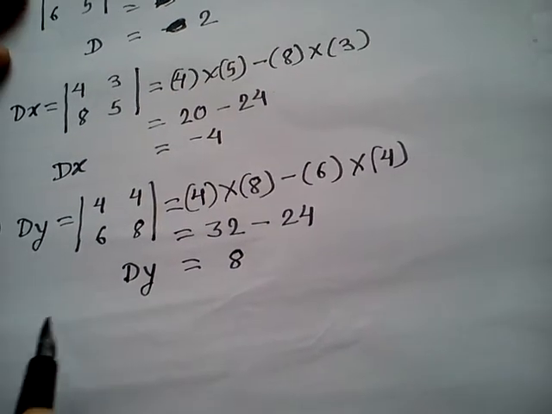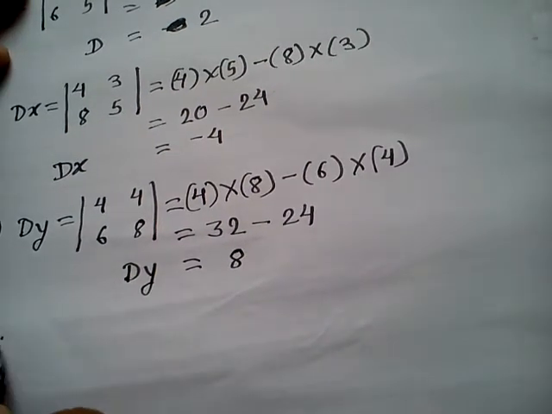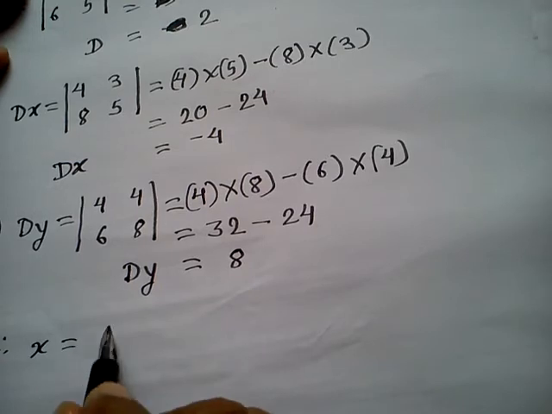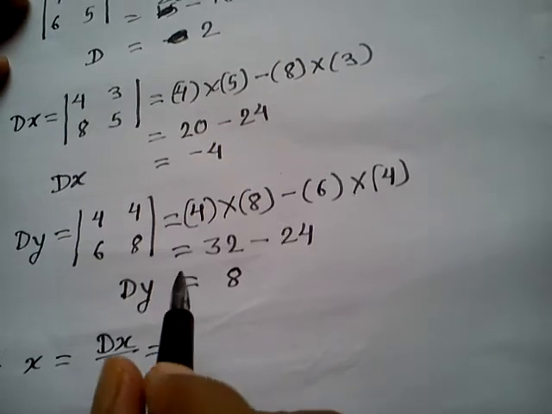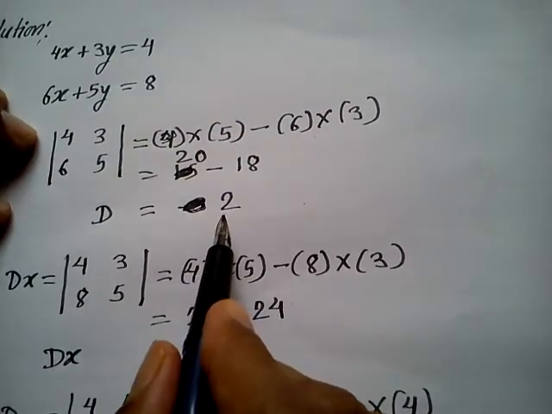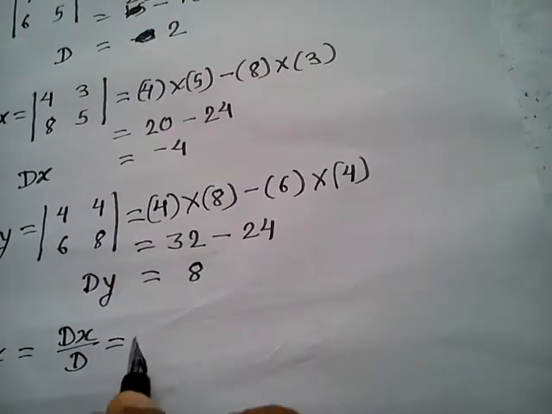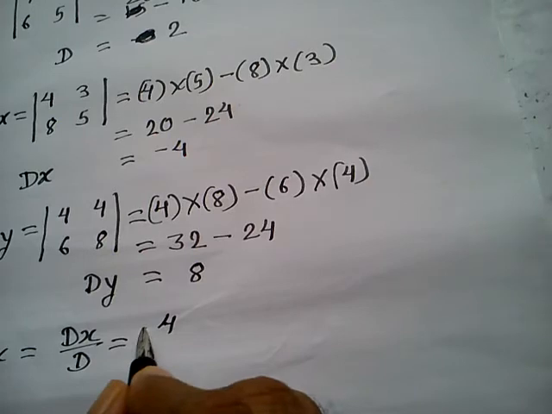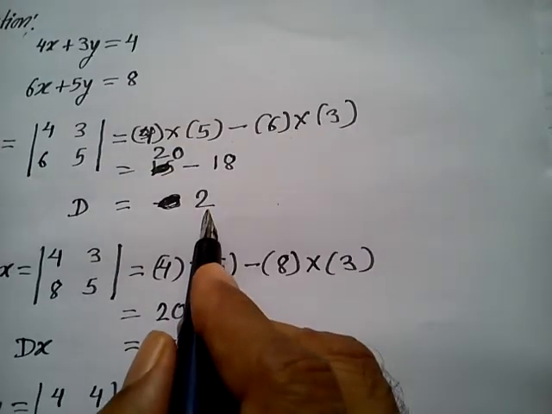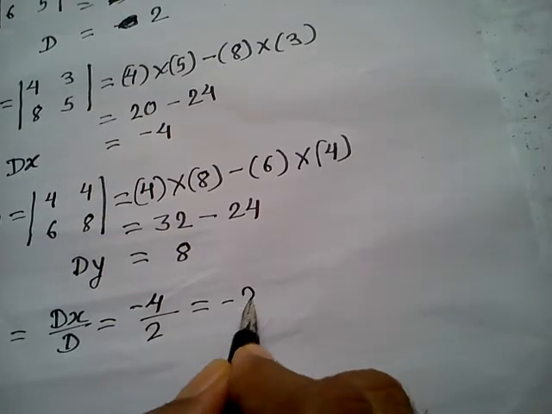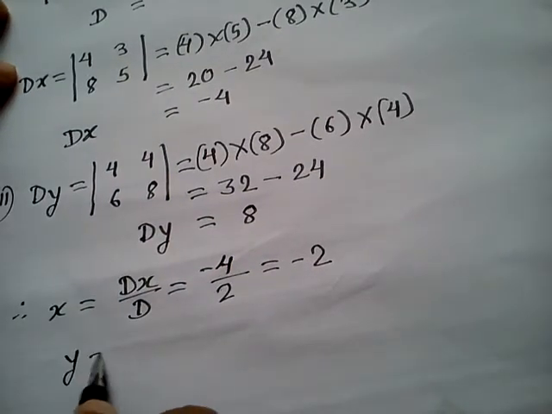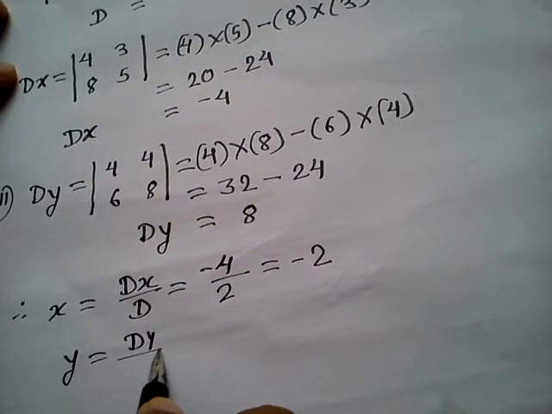We calculated dx, dy, d. Now therefore x is equal to dx upon d. What is the value of dx? What is that? Negative 4, upon d, that is 2, is equal to negative 2, and y is equal to dy upon d.